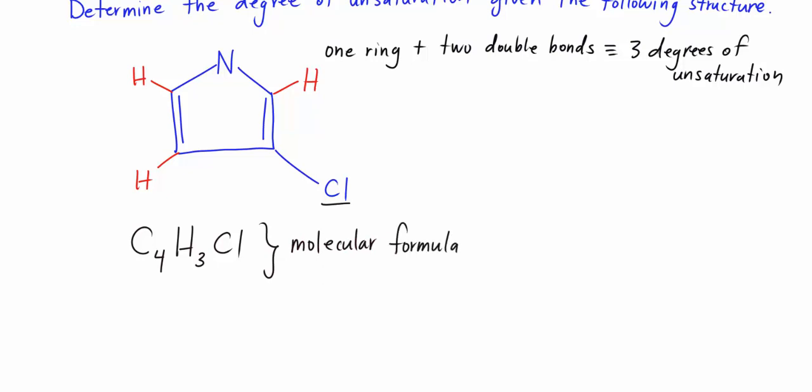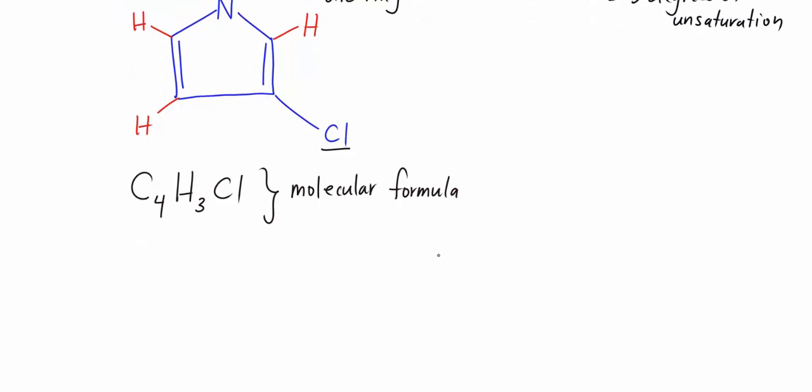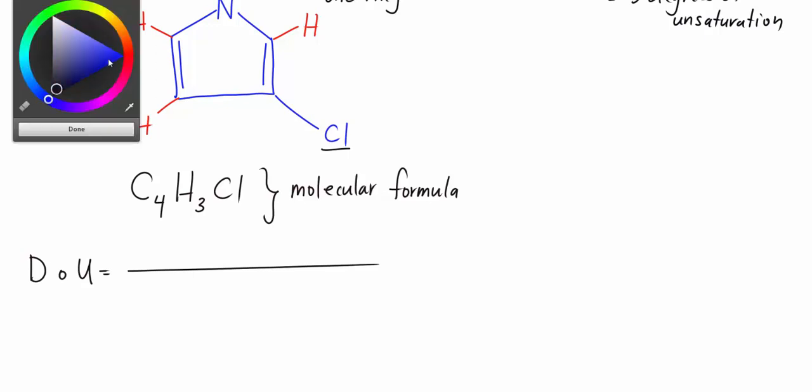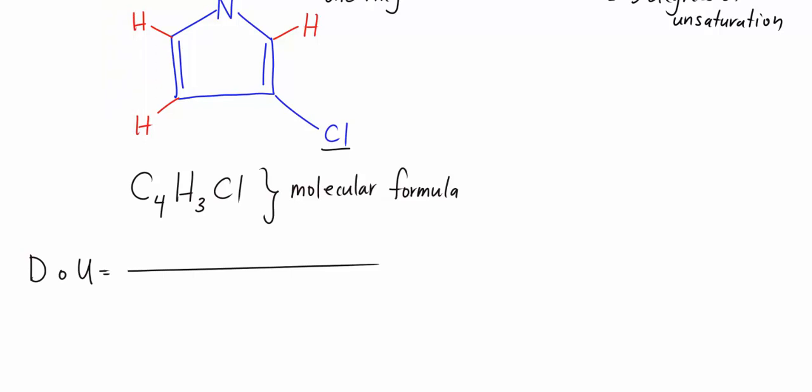And this would be a good check to see if we came up with the right hypothesis of 3 degrees of unsaturation. So I can say degree of unsaturation is equal to, the more you write this formula out, the more familiar you will be with it, and it will become second nature.